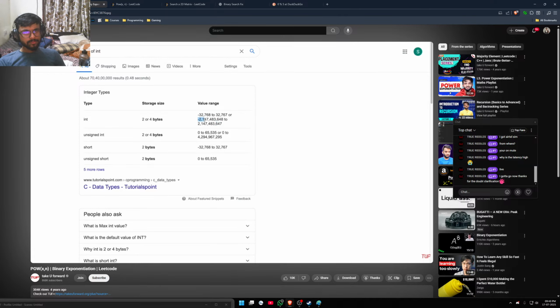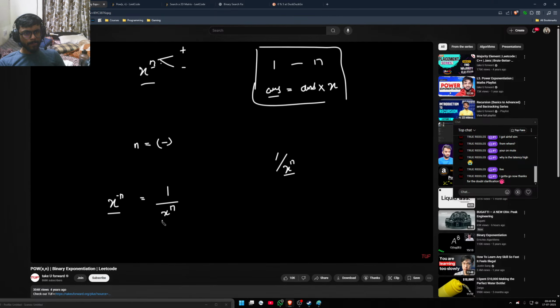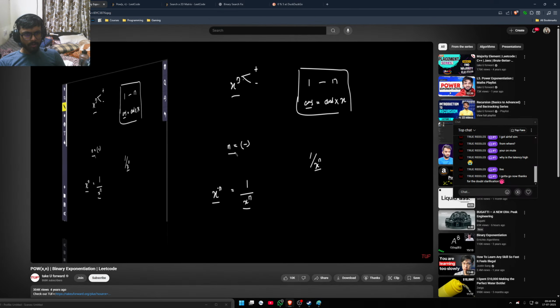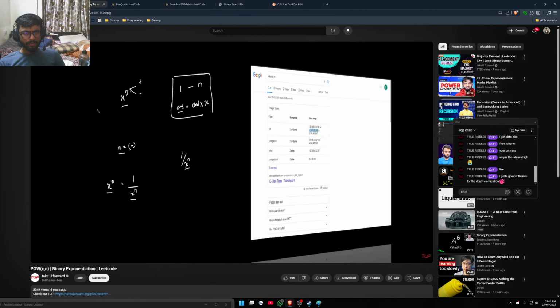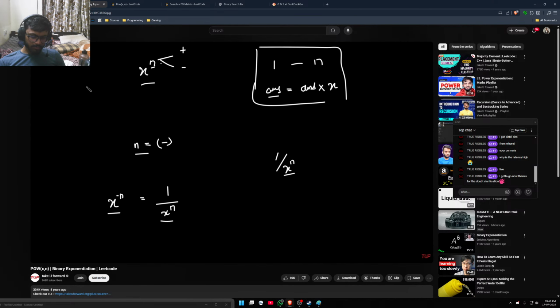Now, if it is given as negative and you make it a positive integer, because you require 1 by x to the power n, so obviously you will make that n a positive integer. So the moment you change it to a positive integer, it will overflow because the absolute value of this negative integer cannot be stored in an integer. Basically, this is the edge case you need to take care of.